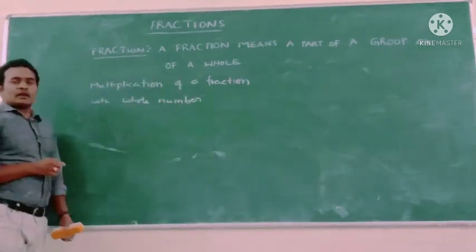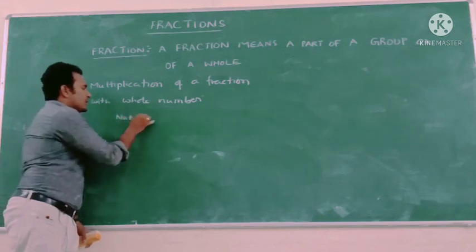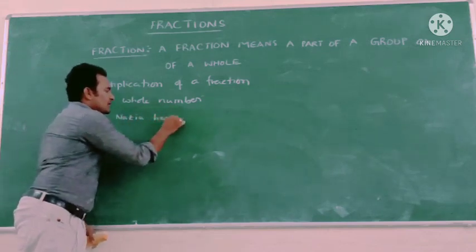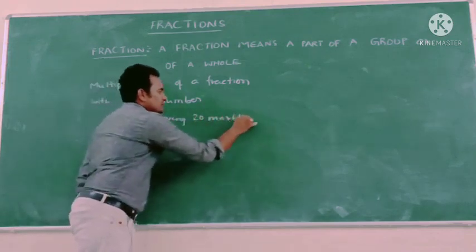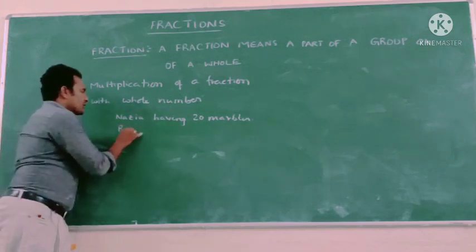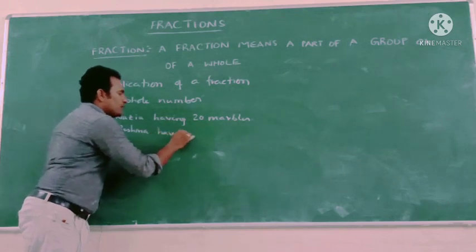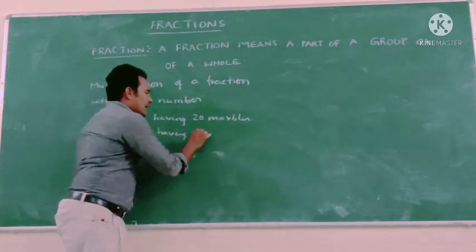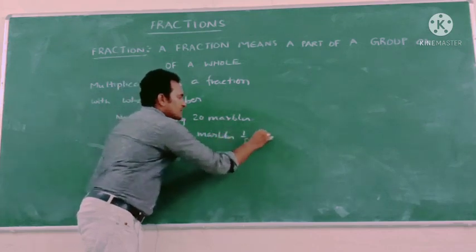Suppose there is Nazia having 20 marbles, and Reshma having 1/5 of Nazia's marbles.